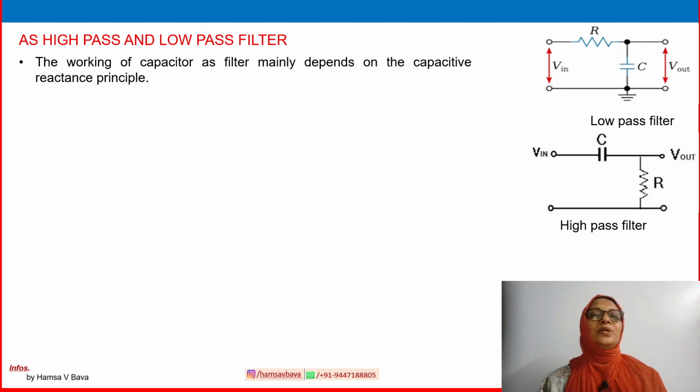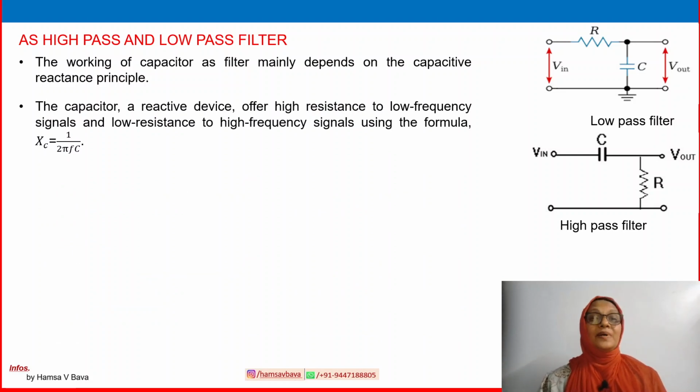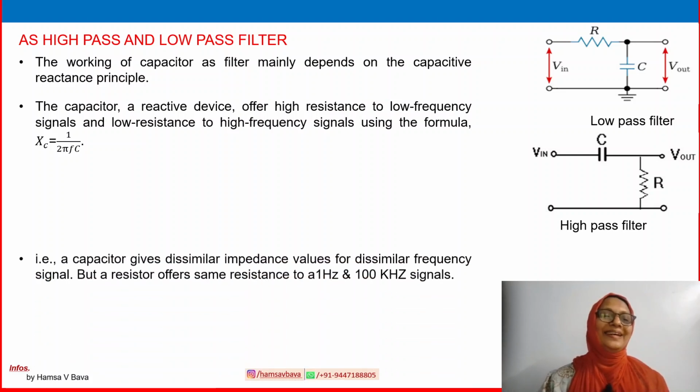The working of a capacitor as a filter mainly depends on the capacitive reactance principle. The capacitor, a reactive device, offers high resistance to low frequency signals and low resistance to high frequency signals using the formula Xc equals 1 by 2 pi f C. That means Xc is inversely proportional to frequency.